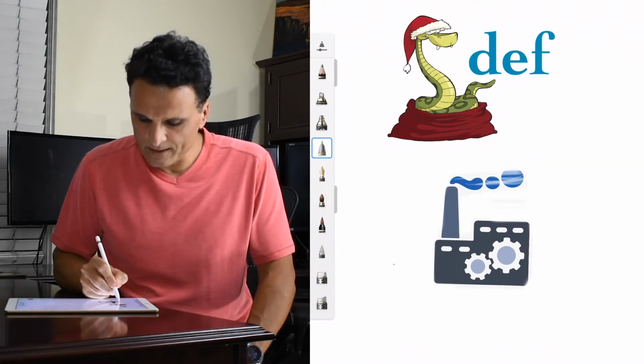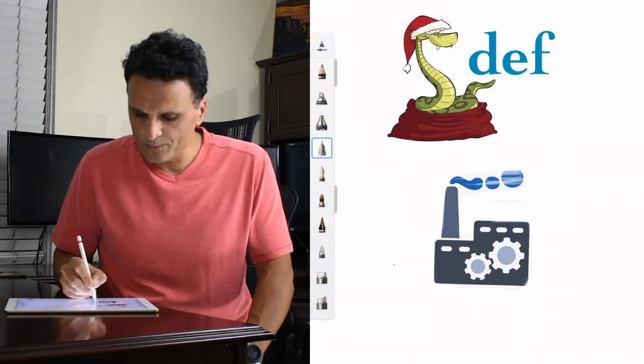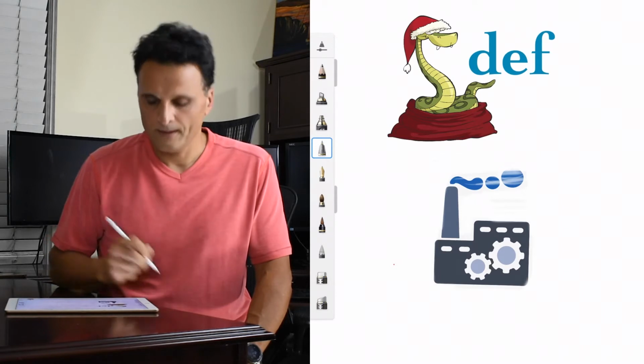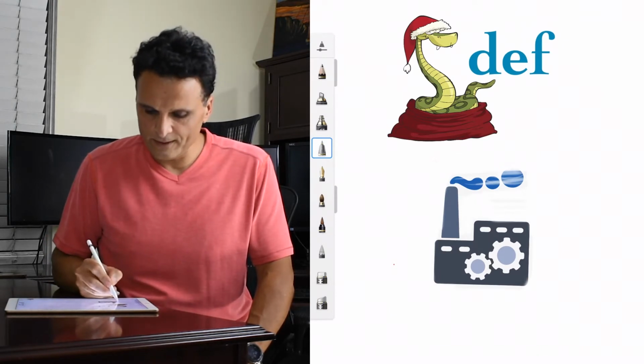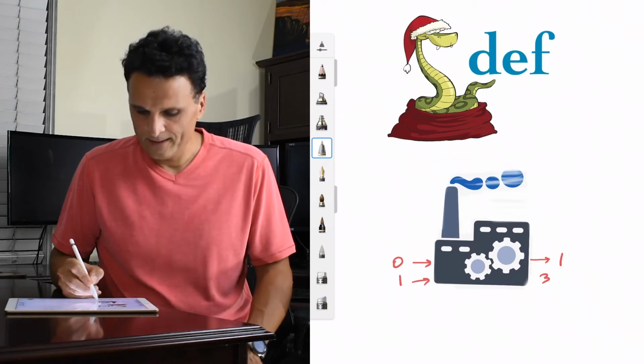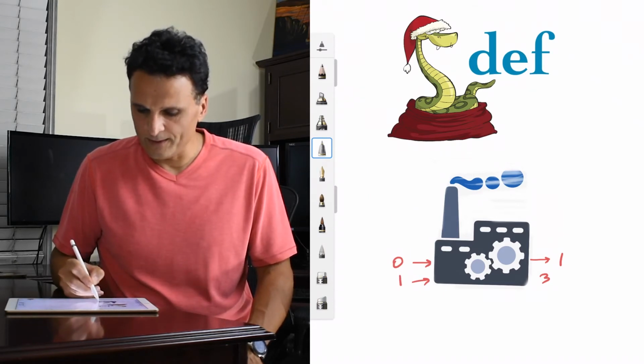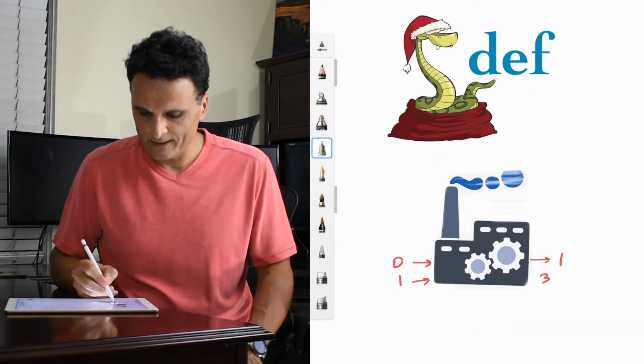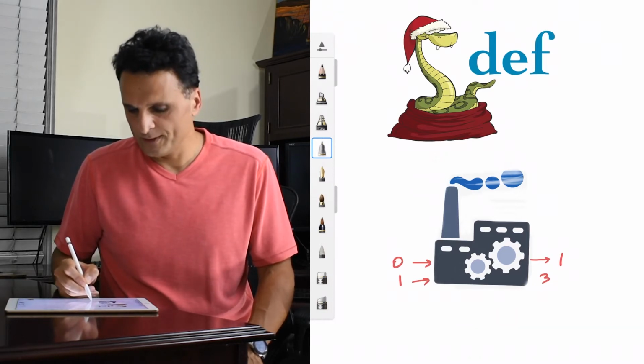0 when inside of the function, the output is 1. And 1 when inside, we get 3, 2 when inside we get 5, and like a 10 when inside we will get 21.